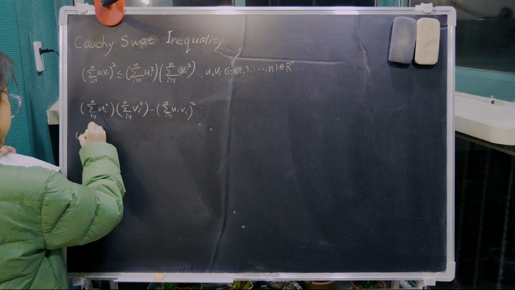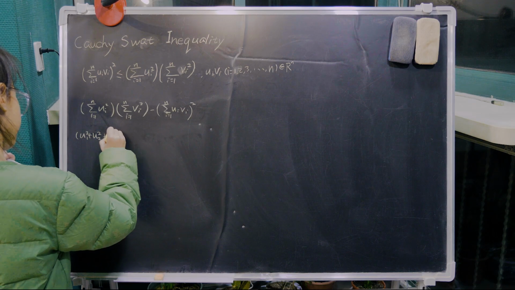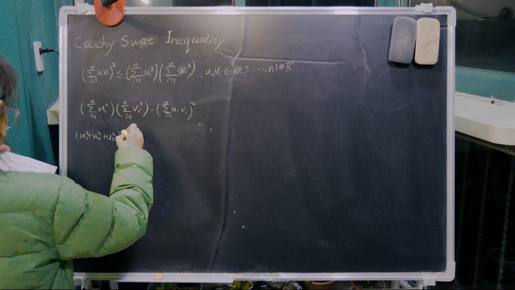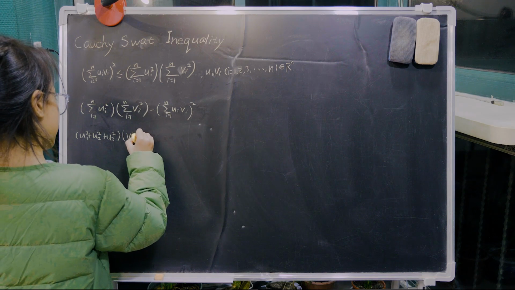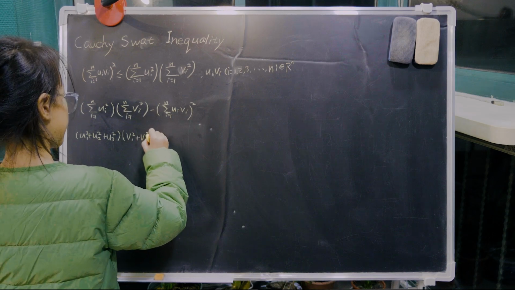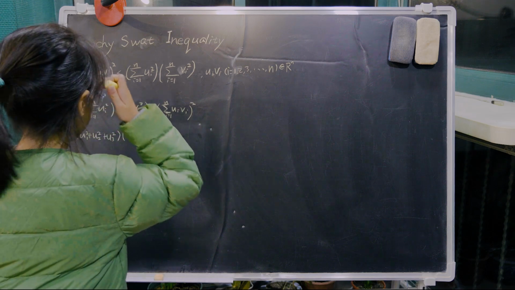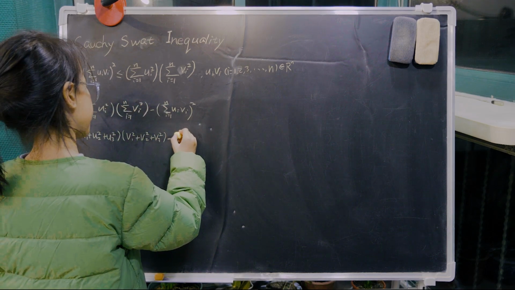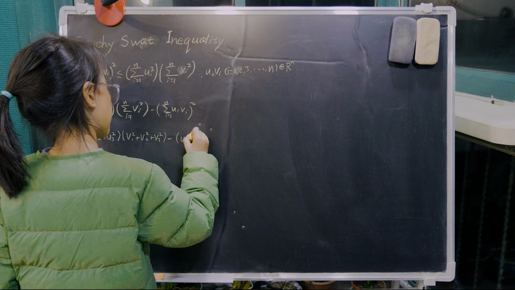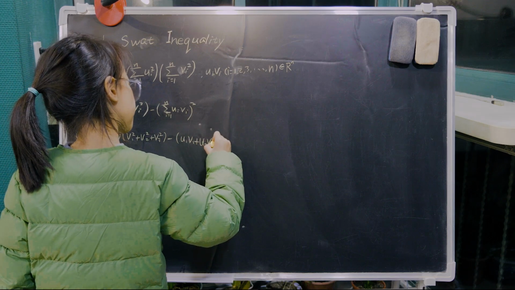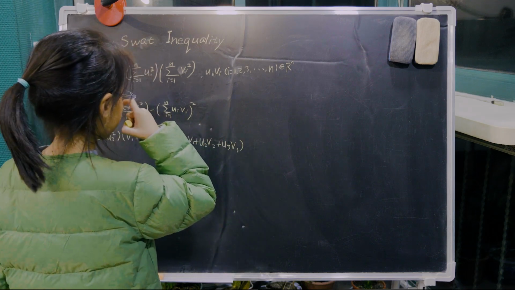So u1 squared plus u2 squared plus u3 squared, then bracket, times v1 squared plus v2 squared plus v3 squared, and minus bracket u1 v1 plus u2 v2 plus u3 v3, bracket squared.